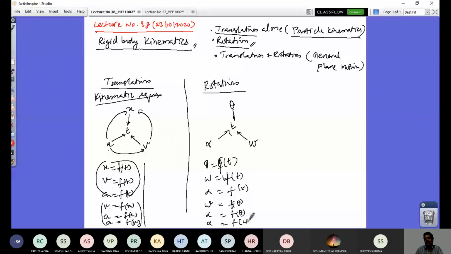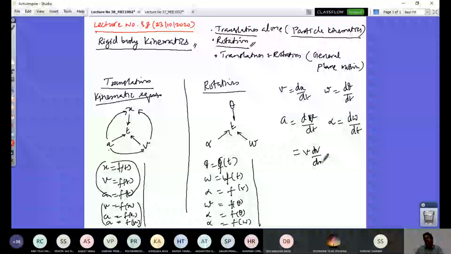So I will have analogous 6 equations for the kinematics of rigid body rotation. The way we defined our velocity as dx by dt, we will define here our angular velocity as d theta by dt. And an acceleration we defined as dv by dt, and here angular acceleration we will define as d omega by dt. So we could write this dv by dt as v dv by dx.